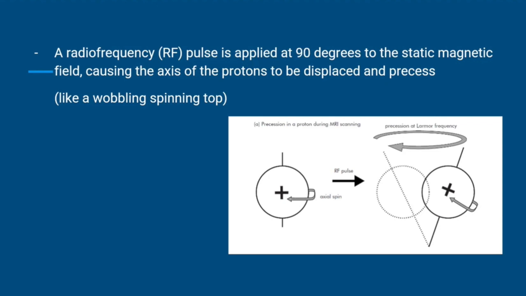So if you can imagine, as the diagram in the bottom right says, it wobbles around like a spinning top around its central axis. So it precesses around the central axis, which is there.